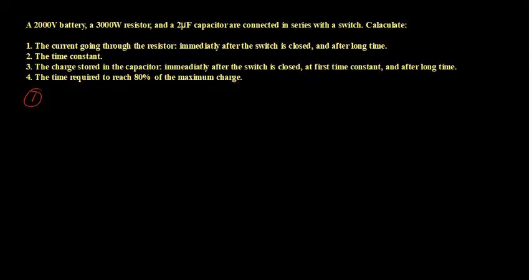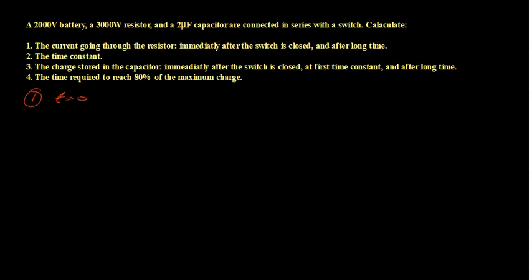For the first one, calculating the current going through the resistor when t equals 0. We know from this process of charging a capacitor that at time equal 0, the current will be at its maximum. Generally, we can calculate the current going through the resistor by using Ohm's law, but we don't know the resistance.